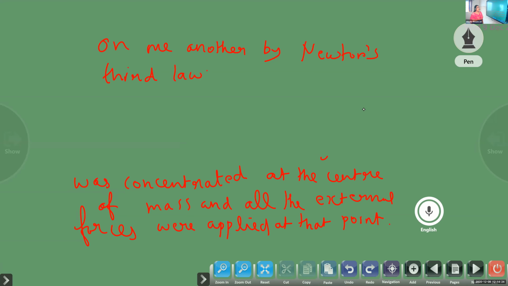So here, why do we ignore internal forces? We ignore internal forces because of Newton's third law. What is that? Every action has an equal and opposite reaction.